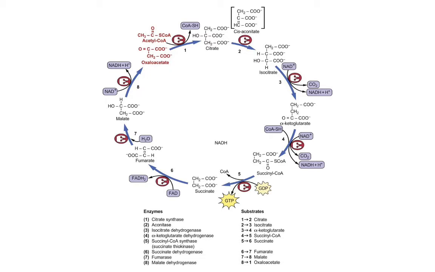So now we're down to 4 carbons at succinyl-CoA, and so actually we just need to oxidize this to put a carbonyl on the 2 position here, and that takes a number of steps in order to do that.